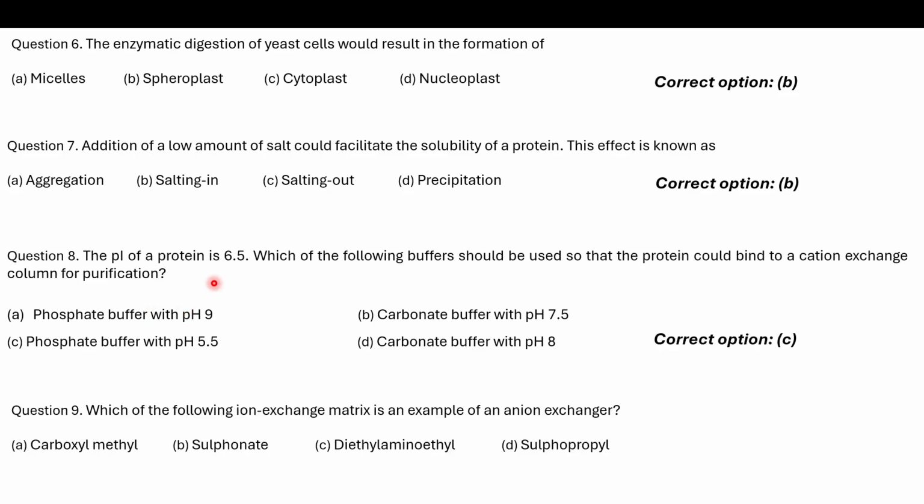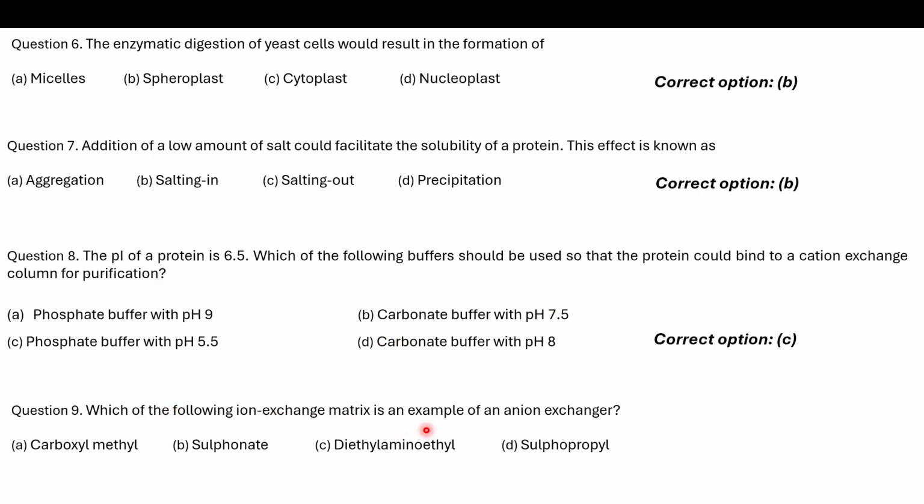So the pH should be less than 6.5, less than the pI of the protein. Then only the net charge on the protein will be positive. So a phosphate buffer with pH 5.5, which is less than the isoelectric point of the protein, should be used for cation exchange chromatography.